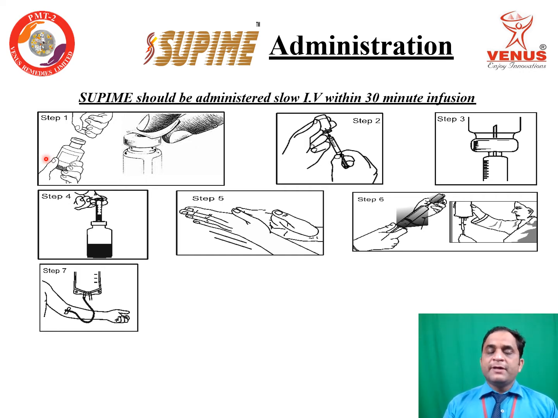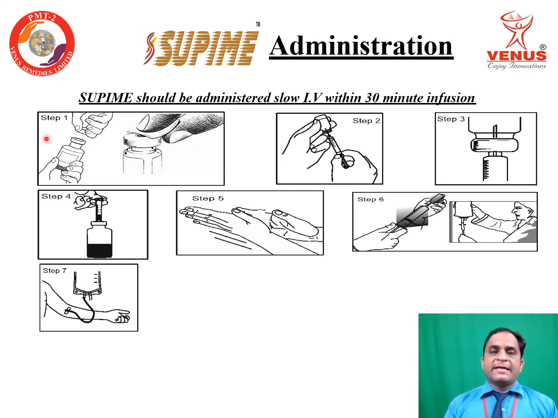As we know, the Supine pack contains 2 vials, one vial containing powder and the second vial containing solvent. Through these steps, we first study how to dissolve Supine, how to add this to the diluent, and finally how to give it to the patient through IV.